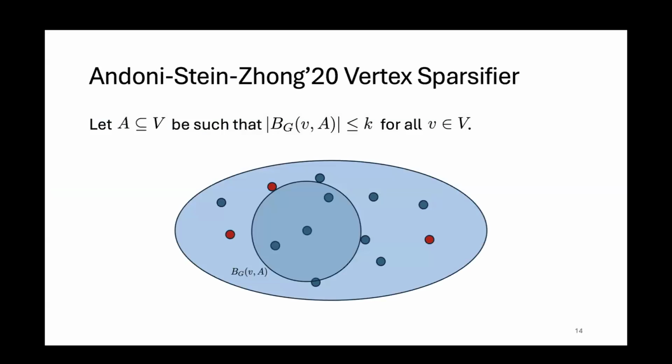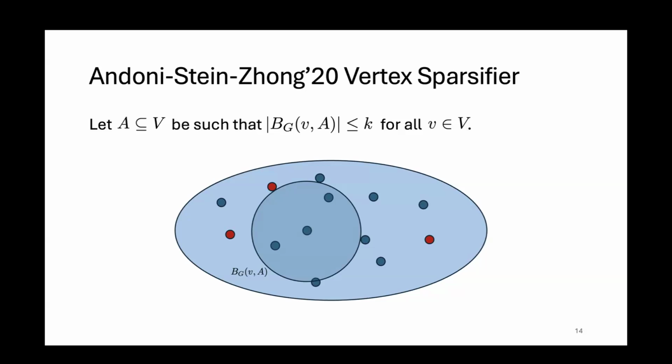What is the Andoni-Stein-Zhong vertex sparsifier? I'm going to give a slightly adapted version here in this talk, but the idea is that one selects a set of terminals, I will call them A, which is a subset of the vertex set V, such that for every vertex, the ball around it that includes everybody that's closer than the closest terminal has at most k vertices in it.